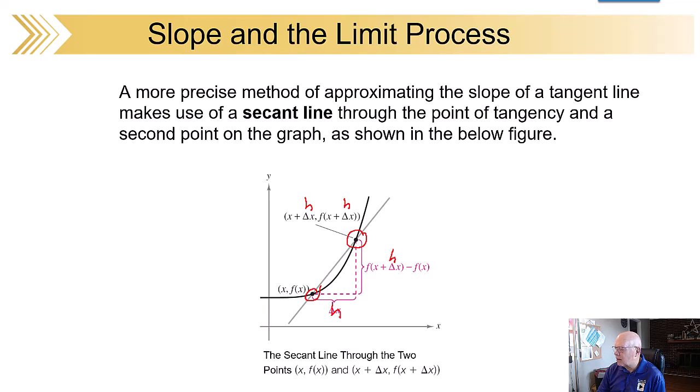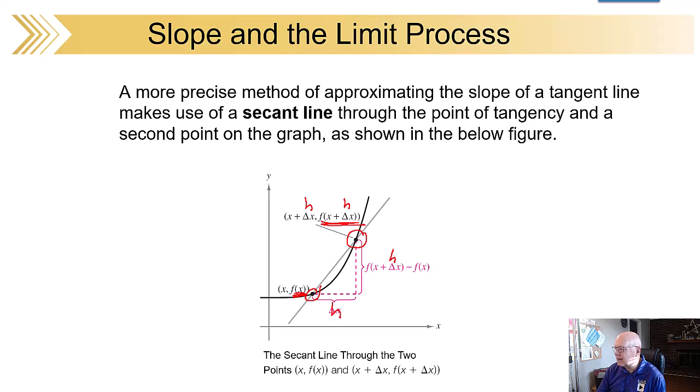So the change in x is h. As we do that, the function value is also going to change. The function value goes from f of x to f of x plus h, because it's not the same x anymore. We need those 2 points to be able to find the slope.